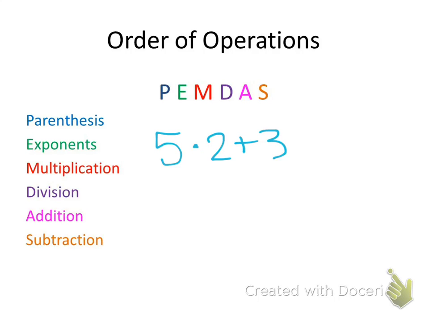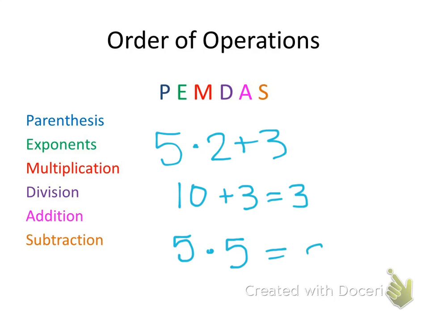If I do it the correct way, order of operations, I would do 5 times 2, which is 10, plus 3, which is 13. However, if I did it incorrectly, I could also get 5 plus 3, which is 8, times 2, which equals 16. Oops, that was supposed to be 13 there, okay? Which is incorrect. So order of operations is very important.